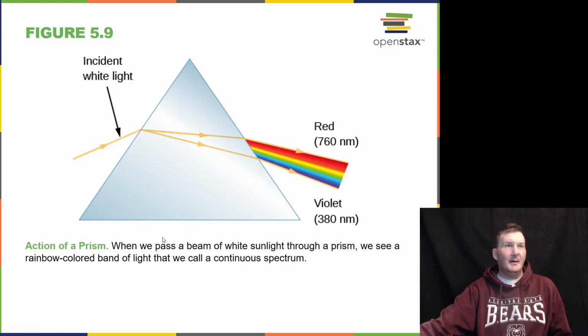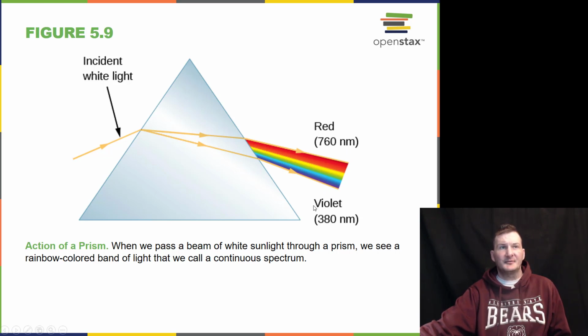Now we can split up how a star's light appears to us by two methods. One is a prism. Here we have a prism that white light comes into and it diffracts the light into its component colors. Red is at 760 nanometers, that's billionths of a meter.